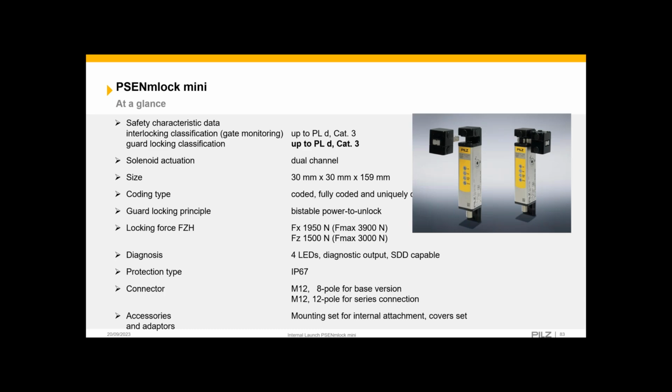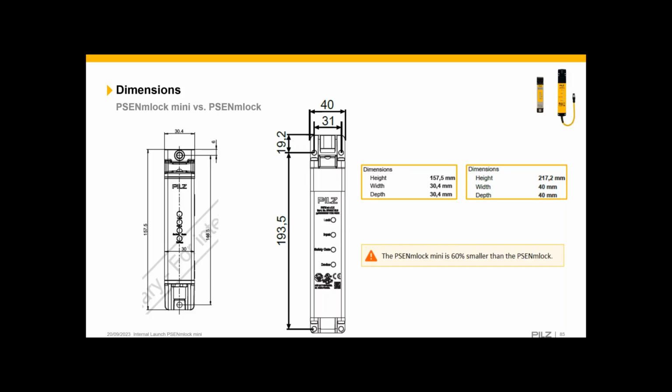M-Lock Mini again. It's a bistable power to unlock system. Again, 4 LEDs, etc., to denote the diagnostics and the status, the sizes that we ran through, and it's 60% smaller than our M-locking device.